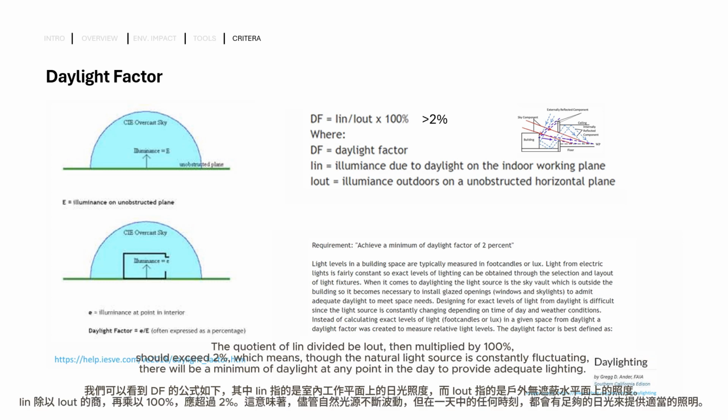The quotient of I in divided by I out, then multiplied by 100%, should equal 2%, which means though the natural light source is constantly fluctuating, there will be a minimum of daylight at any point in the day to provide adequate lighting for daily use.